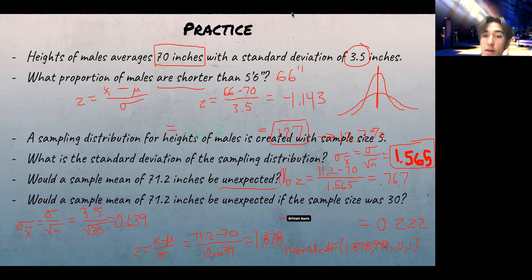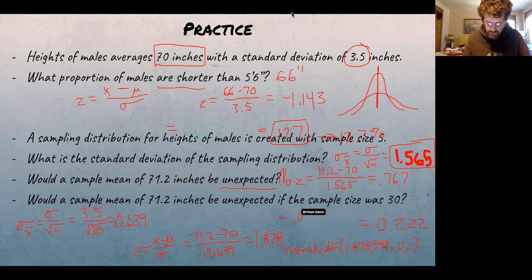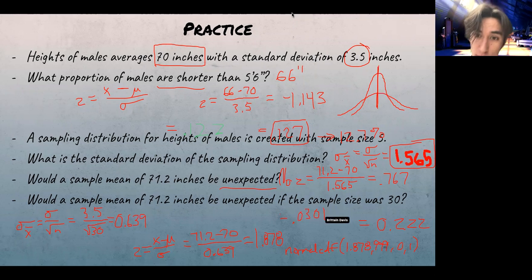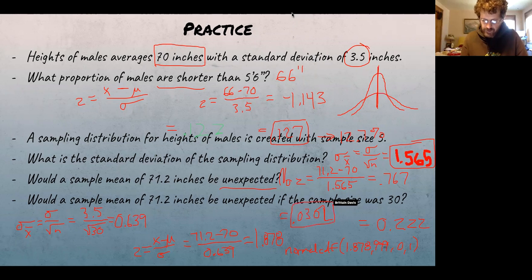So I'll just put 0.03. I'm assuming 0.0302. Okay, so that's good. That's exactly what you should have done. So hopefully everyone was able to follow that same process and come up with the same answer.